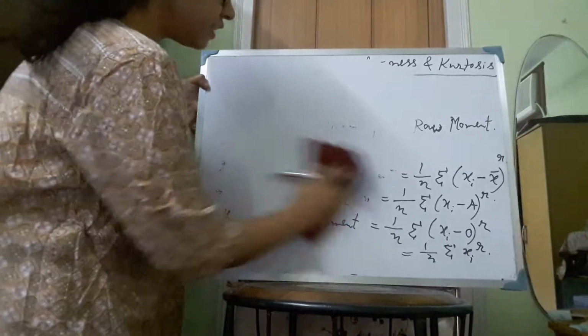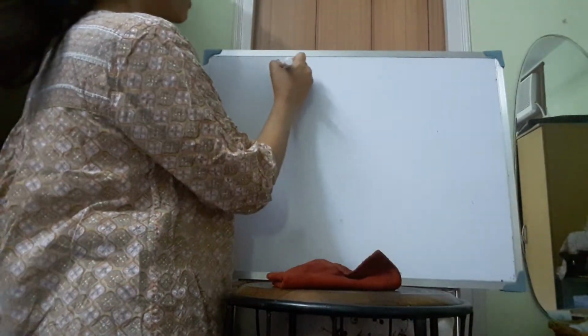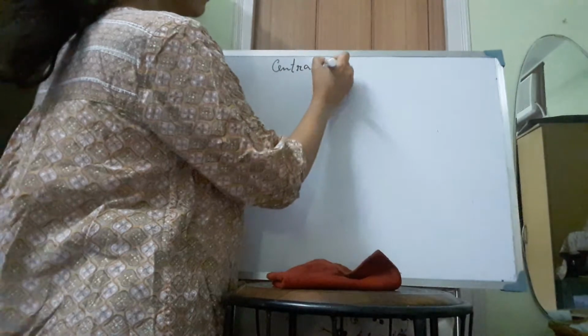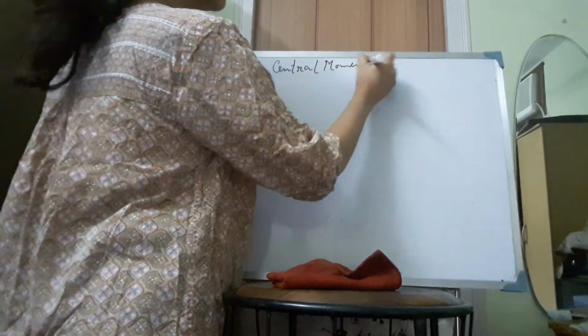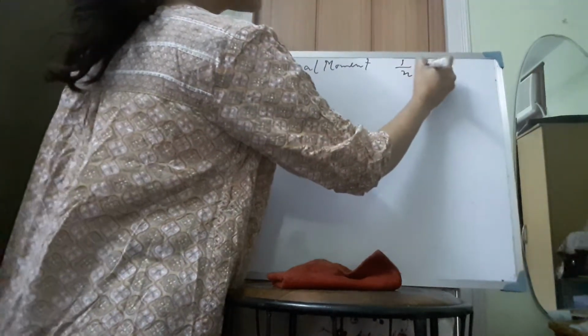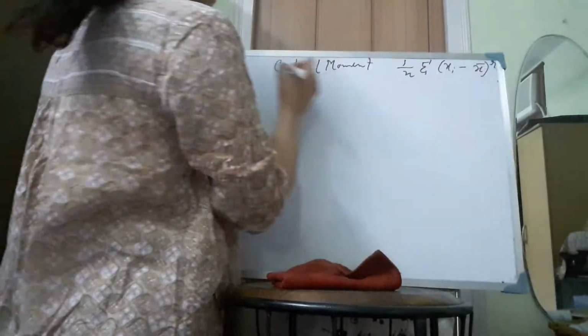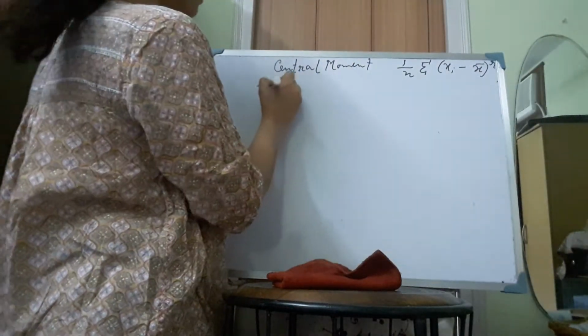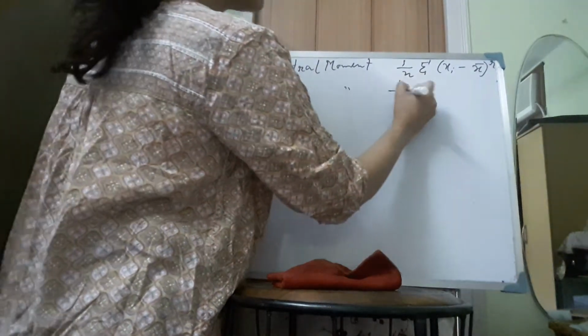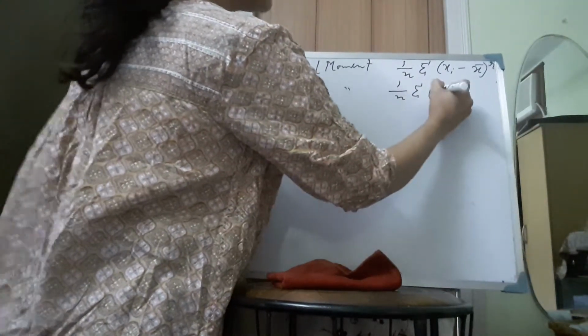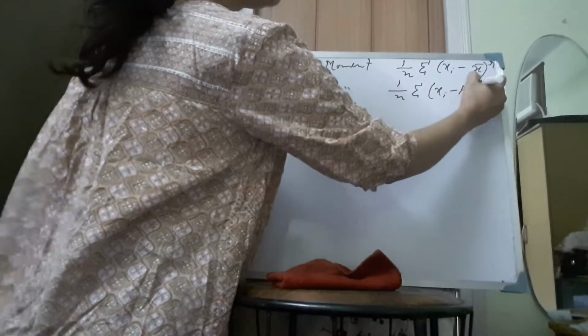Now we consider the relationship between central moment and non-central moment. So rth order central moment is 1 by n summation of xi minus x bar whole to the power r, and rth order non-central moment is 1 by n summation of xi minus a whole to the power r.